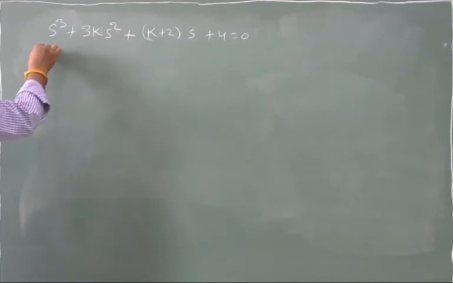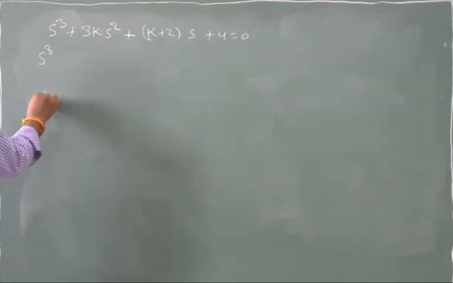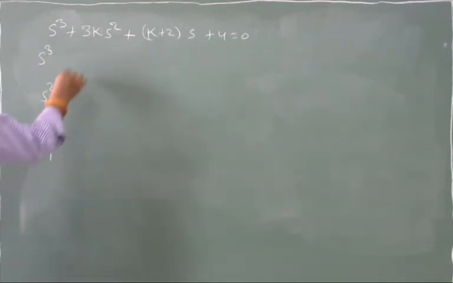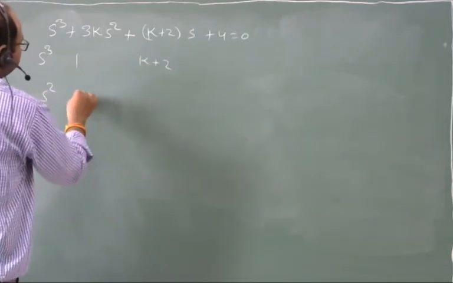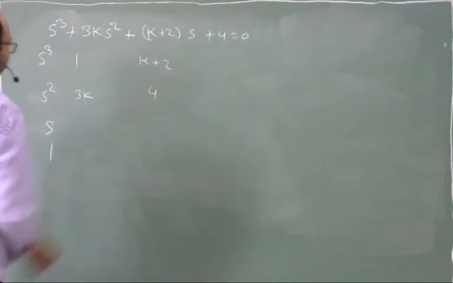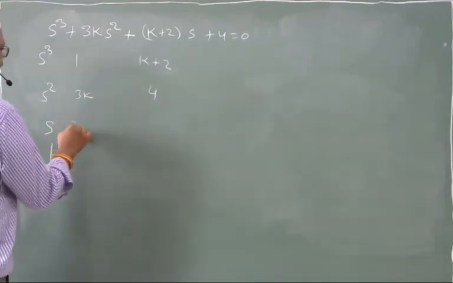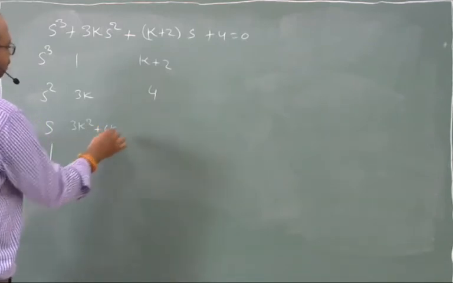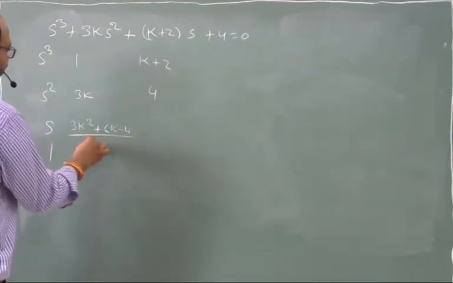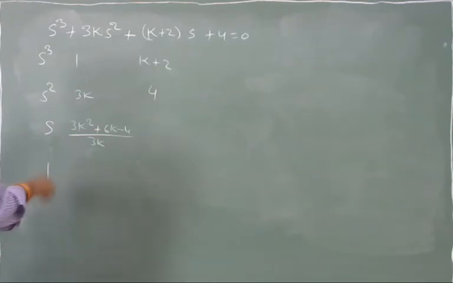So according to the Routh table, we have here coefficient 1 and here k plus 2, here 3k and here 4. The value here will be 3k square plus 6k minus 4 divided by 3k, and here we have 4.